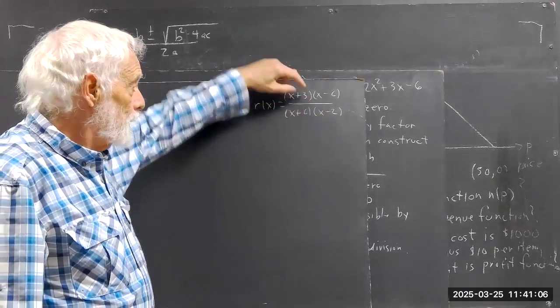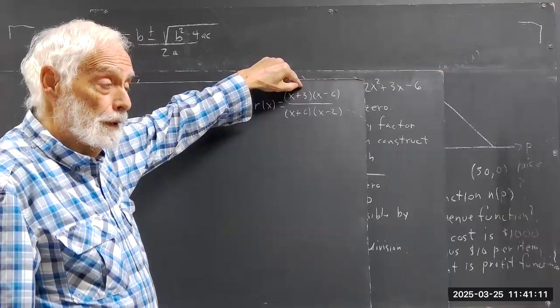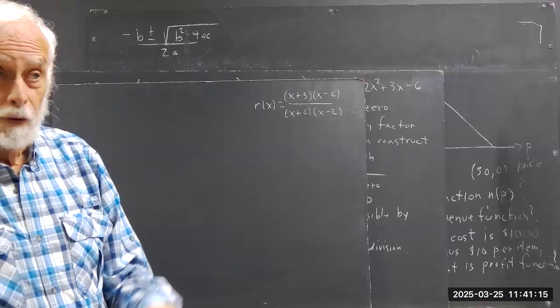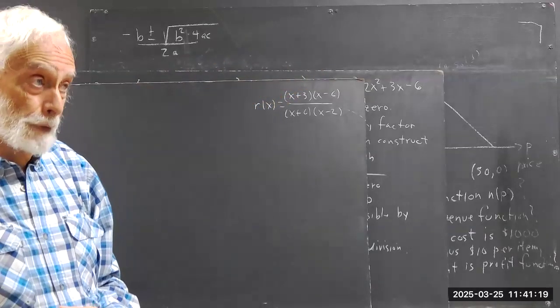What you see is it's like a fraction. You got a polynomial up here and a polynomial down here. That's what a rational function is. Polynomial divided by polynomial.